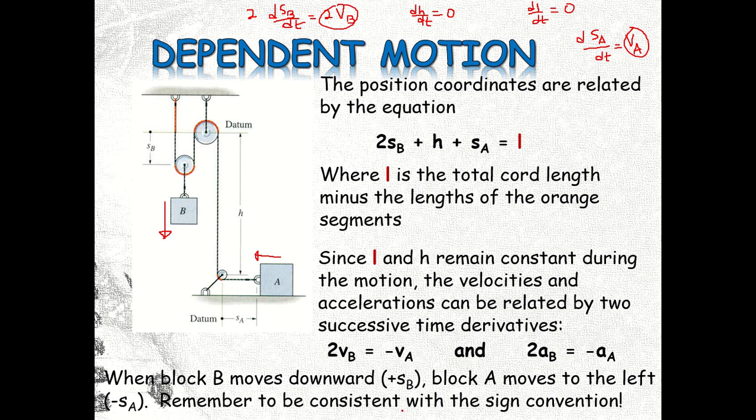So remember to be consistent with the sign convention. When we consider movement of the block downward as positive, and the movement to the left as negative, then we have to be consistent.